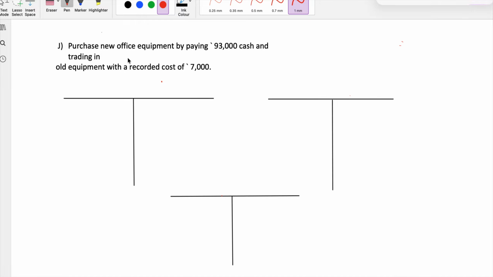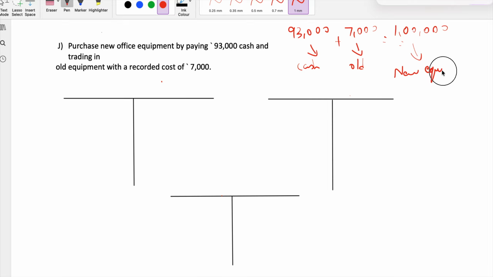Let's see transaction J. So purchase of new office equipment by paying 93,000 cash and trading in old equipment with a recorded cost of 7,000. So here we have to see they have bought a new equipment by paying 93,000 cash, right? 7,000 by selling the old. So 1 lakh is the value of the new equipment, right?